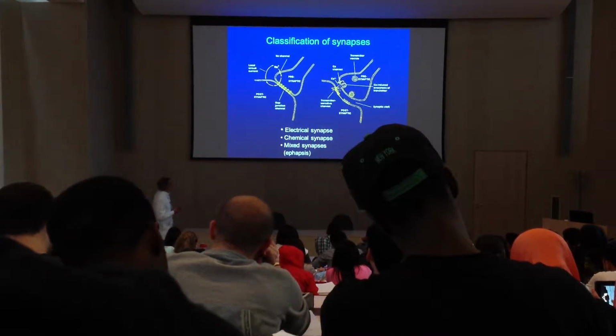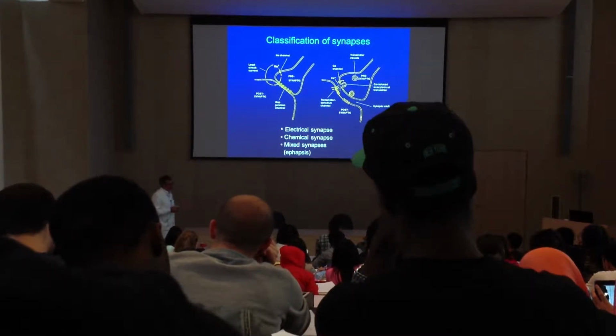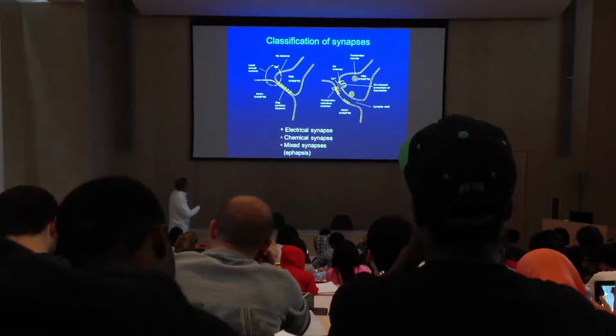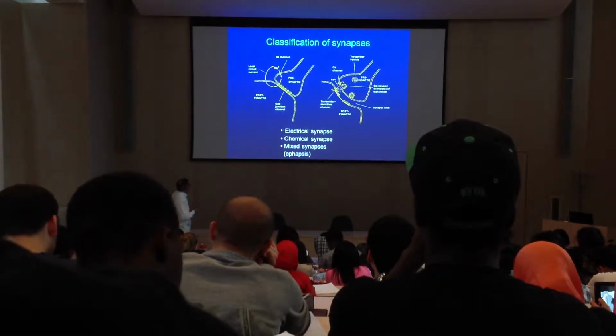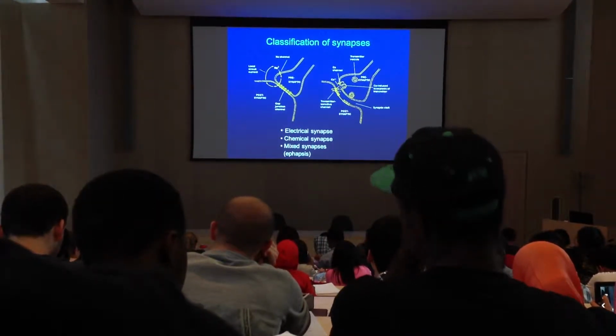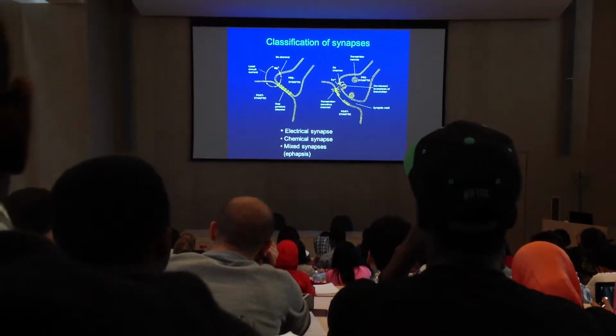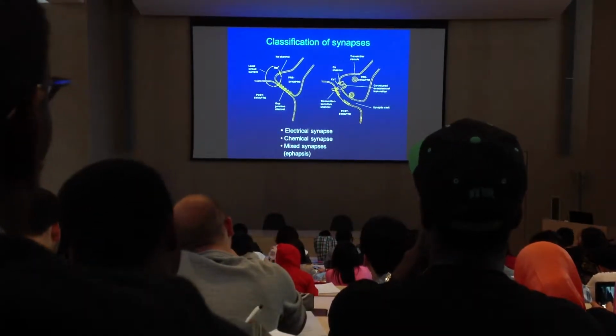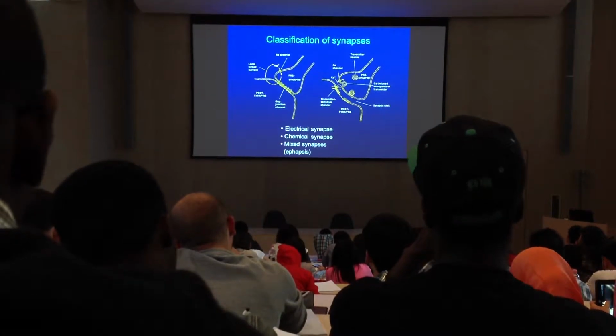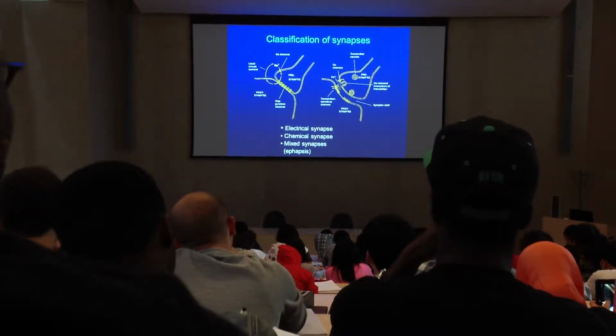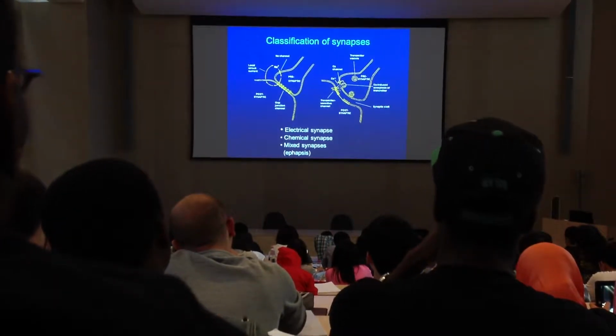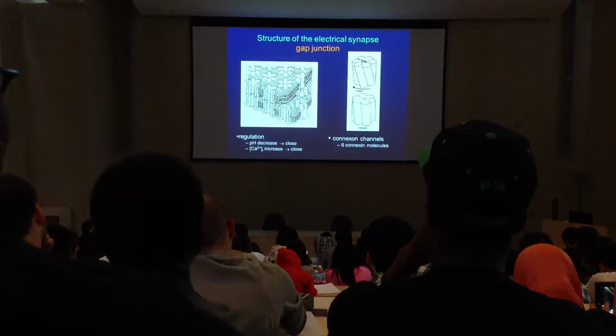Since gap junctions are much less abundant as compared to chemical synapses, I will spend a very short time on electrical synapses, just to say a few general ideas of how they work and what we should understand under electrical synapse and gap junction.